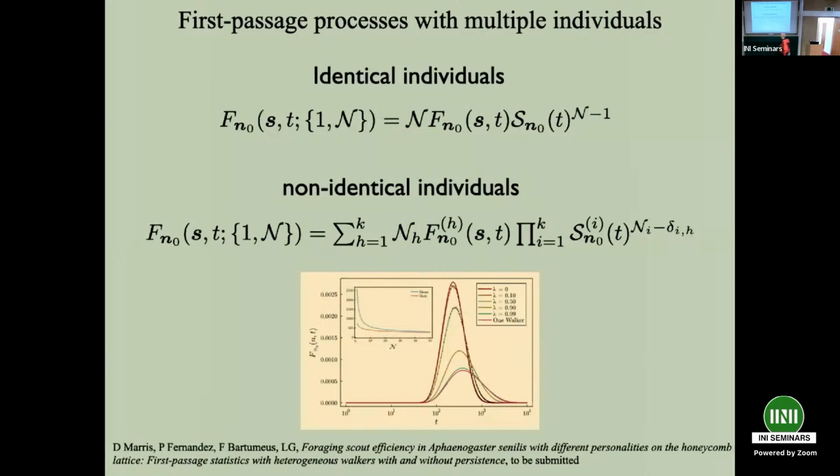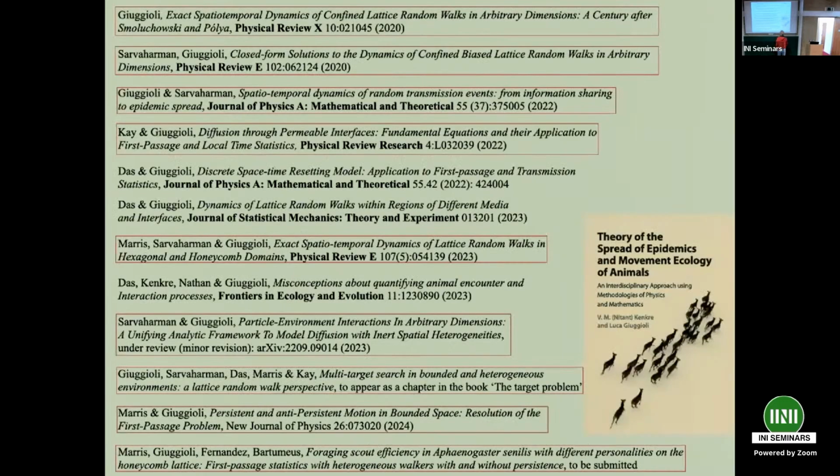You can see this is the first passage, and as the barrier becomes more and more difficult to go through, the probability of any of them going to the target is very close to the one related to the single walker. If you reduce that one, of course, things change. And I think I'm finished. The one in red is the one I've tried to tell you something about. Okay. Anyway, thanks.